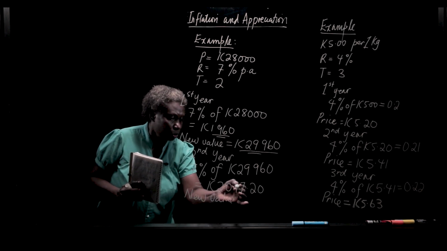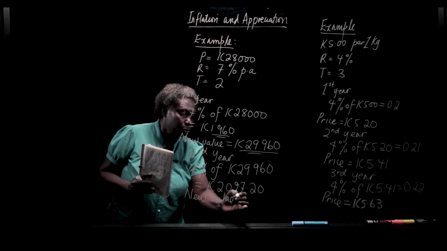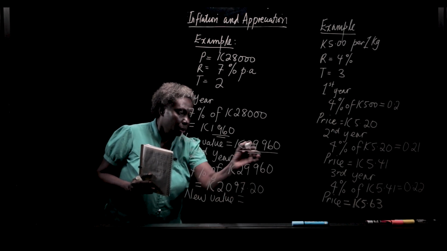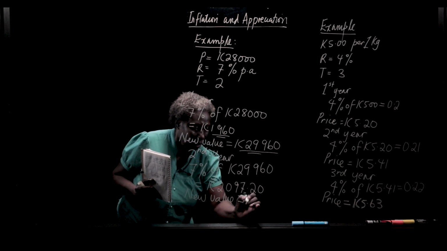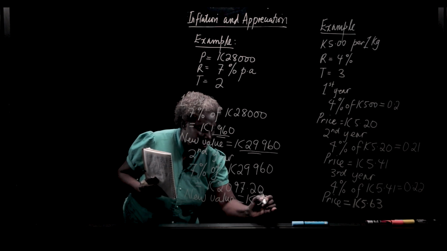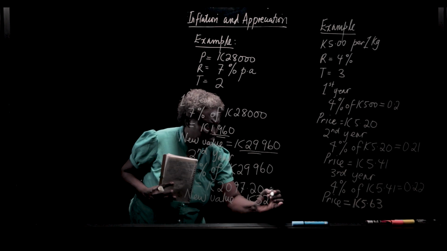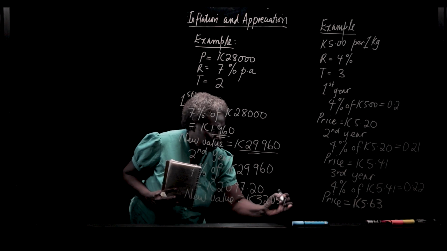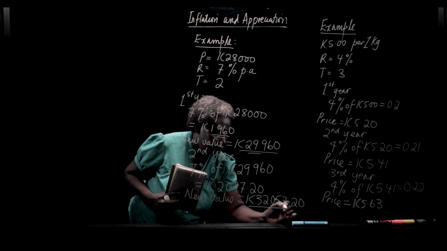What will be the new value at the end of the second year? We are going to add 2,097.20 to 29,960. The value will be 32,057 kina 20 toya.